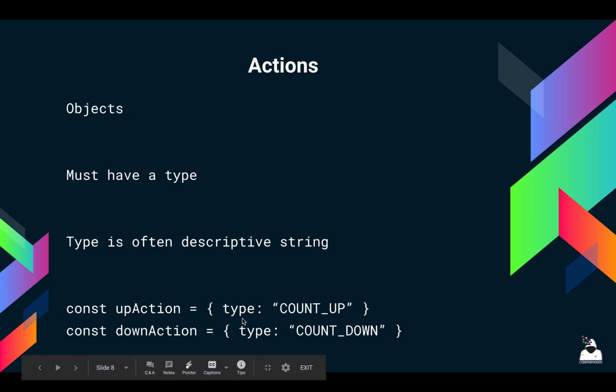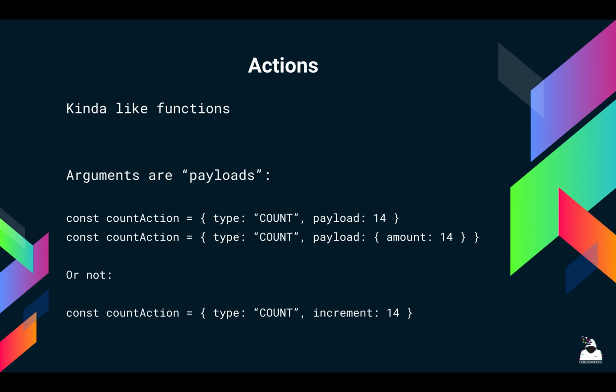So here we have two actions. They are objects, and they have a key of type where the value is a string, either count up or count down, and that's all they are. They are a bit like functions.